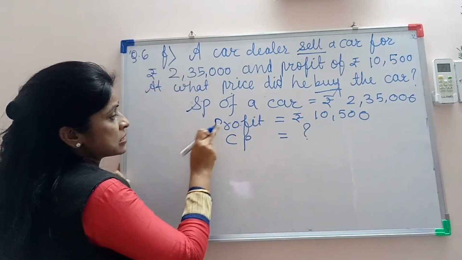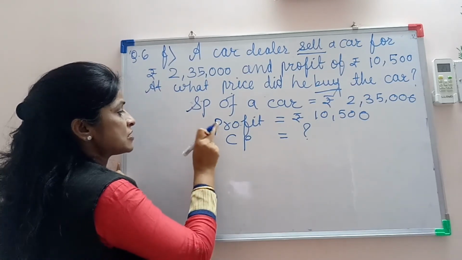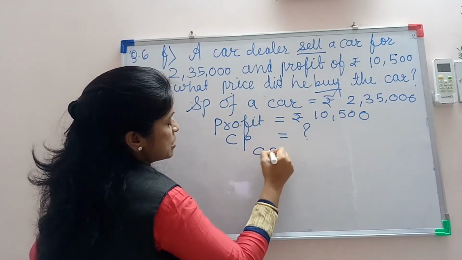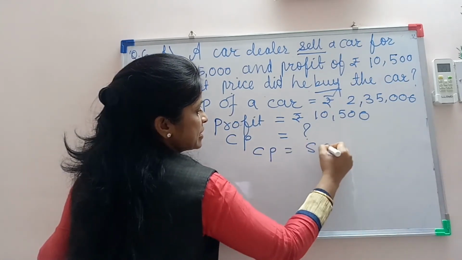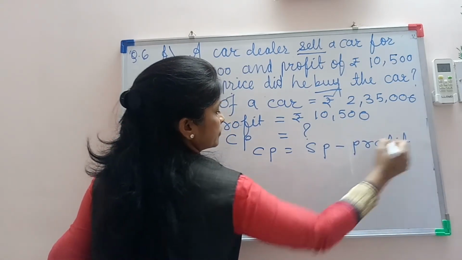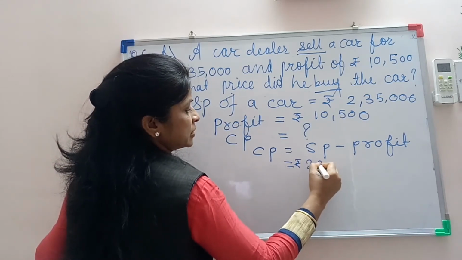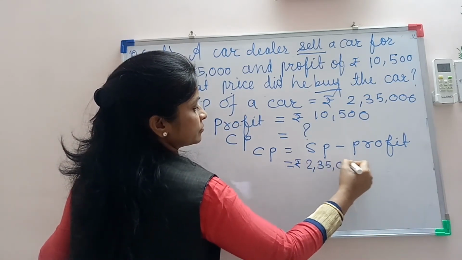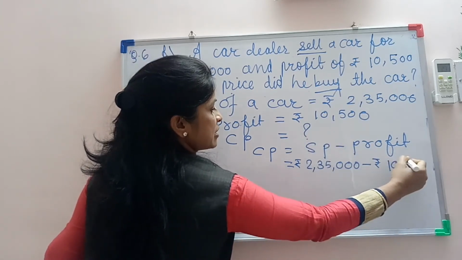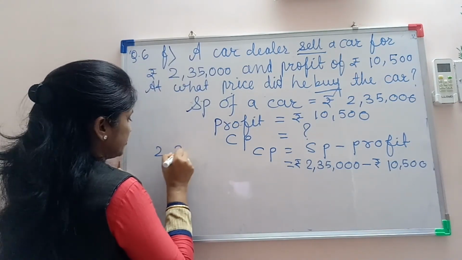Now see students, profit with selling price is given, that time we subtract profit from the selling price. So write down cost price is equal to SP minus profit. Now selling price is rupees 2,35,000 minus profit is rupees 10,500. Now we'll do the subtraction one side.